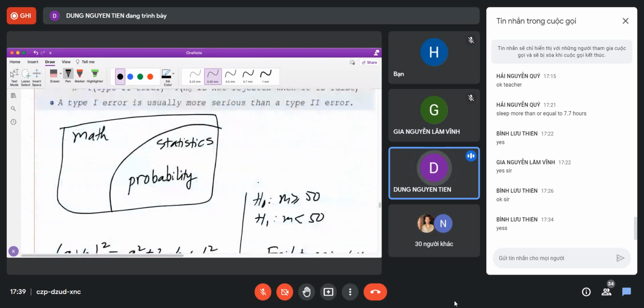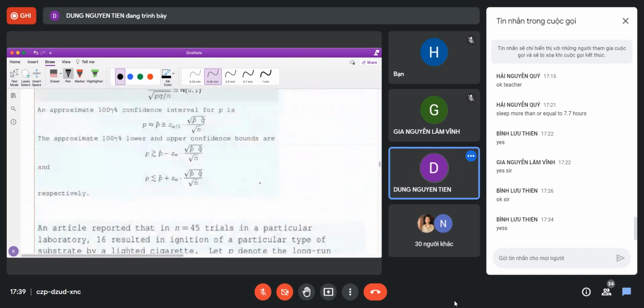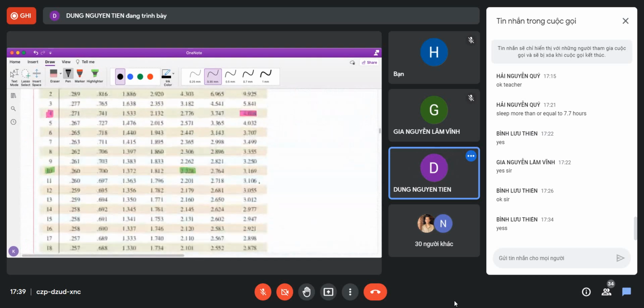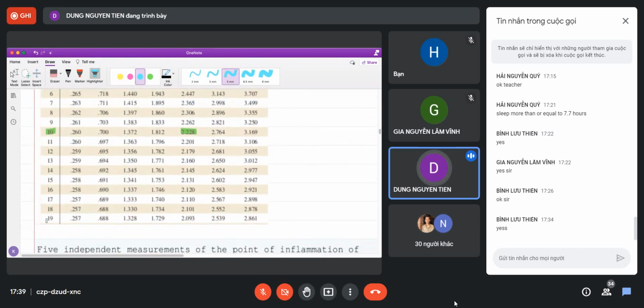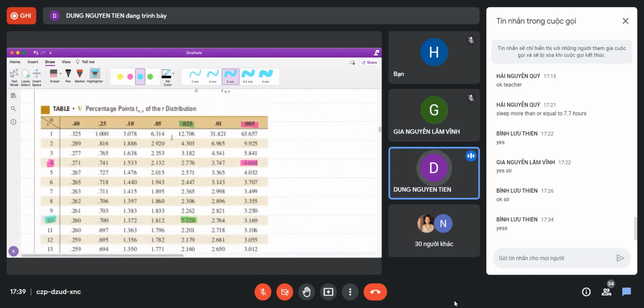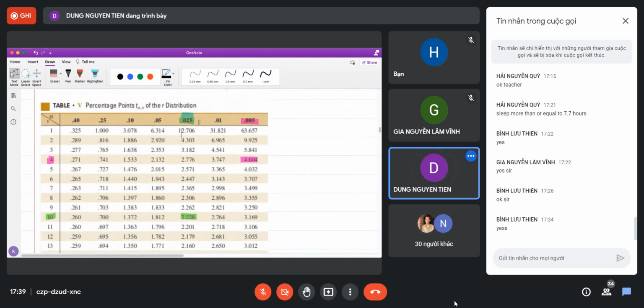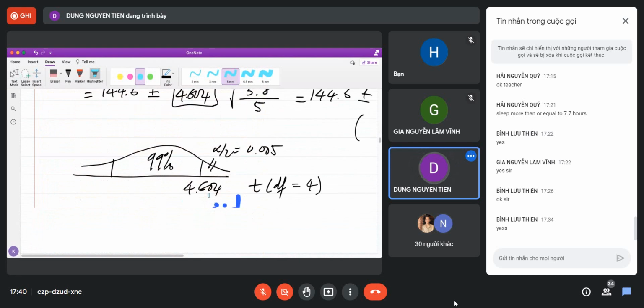So I will go back to the table up here, right? To get that, what do you have? You get the degree of freedom 19, and the area to the right is 0.025, right here. So you get 2.093. All right.